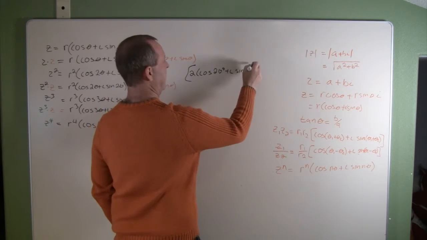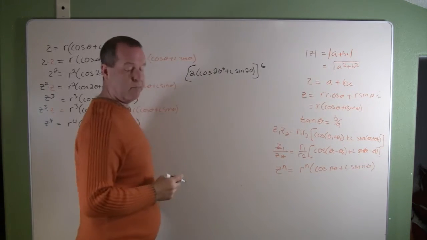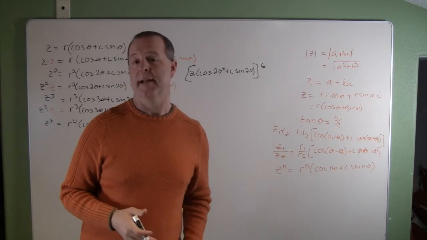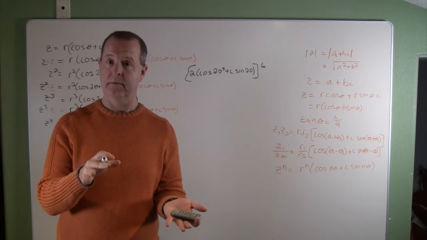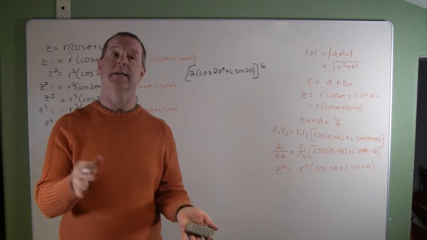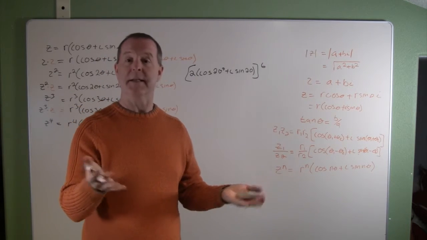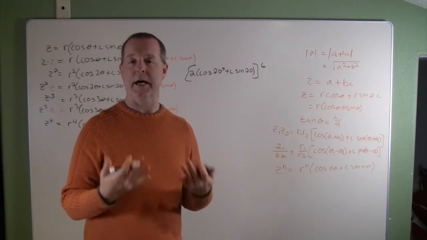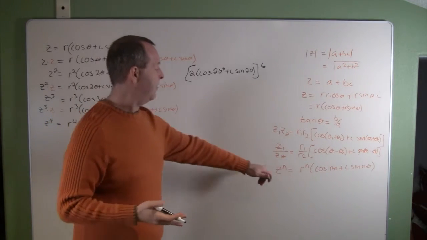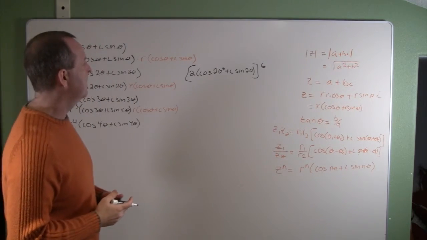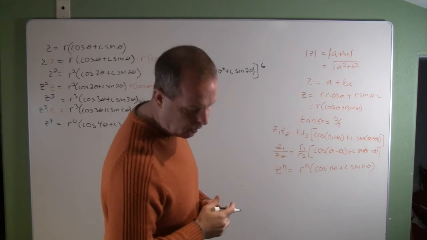I want to raise that whole thing to the 6th power. We can multiply it by itself 6 times, or we can use this pattern, De Moivre's theorem, that helps me get to it right away.